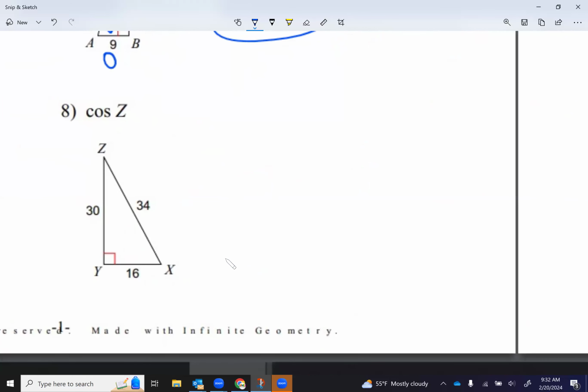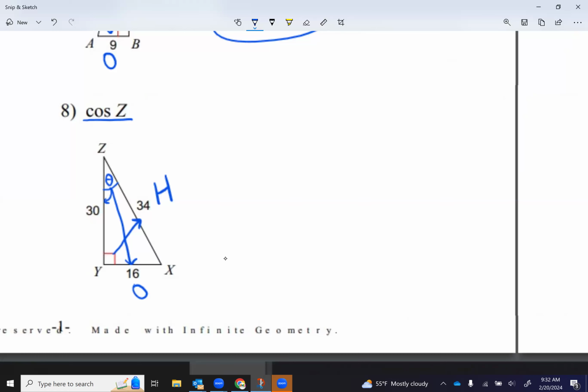All right, this is easy. Let's take a look. I have my 90-degree angle. Farthest away from my 90-degree angle, that's the hypotenuse. I should have theta somewhere in there, so I read cosine of z. Okay, so here at the corner z, I'm going to put my theta there. Farthest away from my theta, that's what I call opposite.